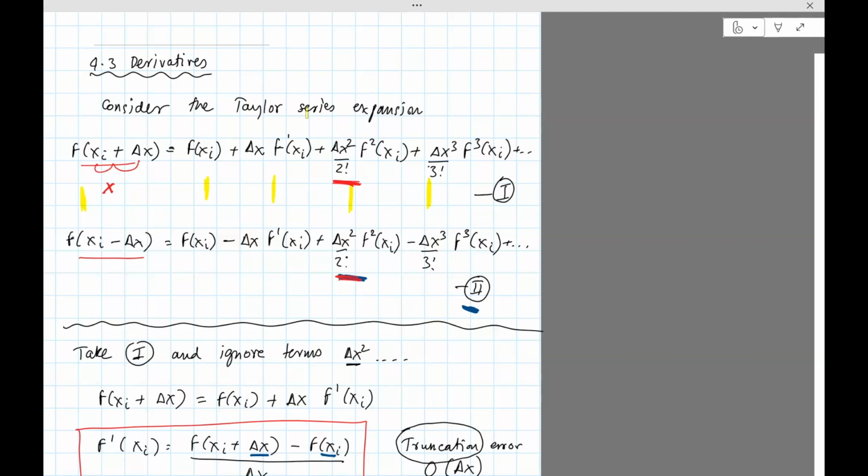But here we see this term will be canceling with this term, and then this term will probably add with that term. This is fine, but we are getting rid of delta x squared. So I'll do 1 minus 2 and write down the expression and see how it looks.